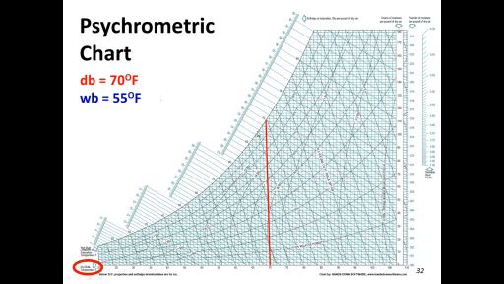At the top of the red line, where it intersects with the curve, called the saturation curve, that's 100% relative humidity. So that line extends from 0% relative humidity at the bottom to 100% at the top. And we know that the relative humidity is going to be someplace between 0 and 100%. We just don't know where it falls.